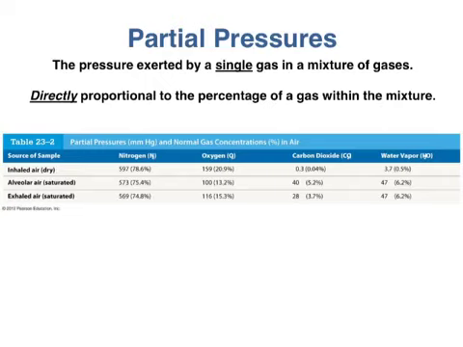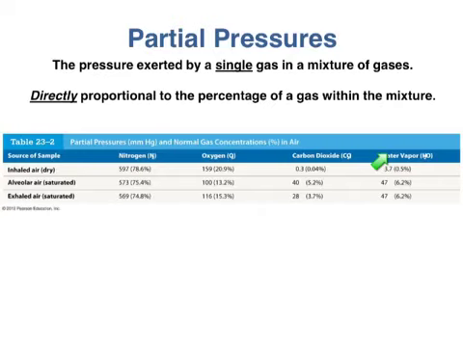So rather than talking about air pressure, talk about the partial pressure of nitrogen in air, or the partial pressure of oxygen or carbon dioxide or water vapor in air. It's directly proportional to the percentage of gas within the mixture.